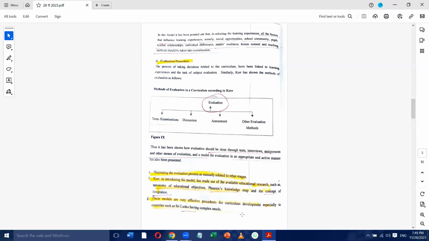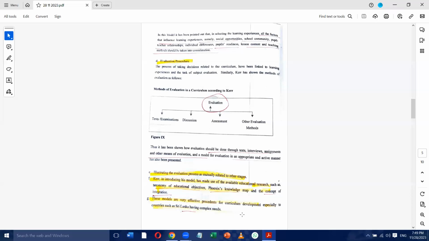Taylor, of course, was not much considered, but Wheeler had the chance of taking these things into account, but he failed. He didn't do it. So these models are very effective precedents for curriculum development, especially for countries such as Sri Lanka having complex needs. Yeah, in our country, you know that we have complex needs in the output.